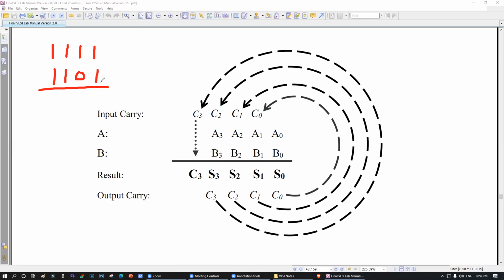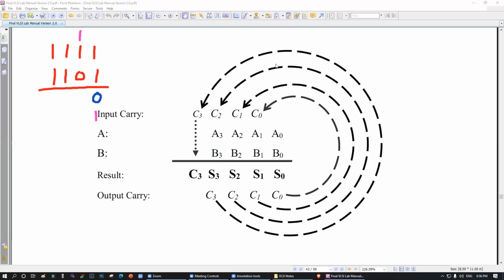So 1 plus 1 plus 0, what is the result? 10, right? So 0 is the result, but you have one extra 1. That one will go here. Understood, everyone?